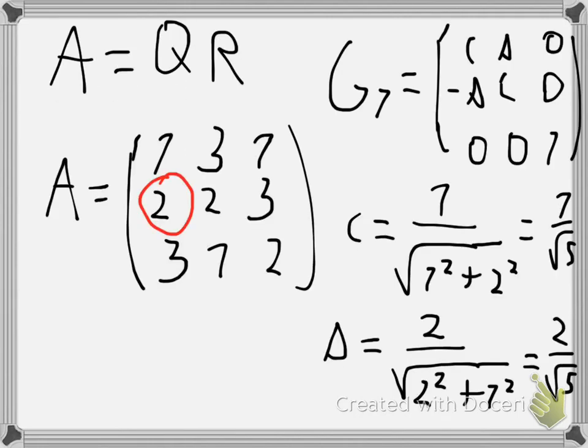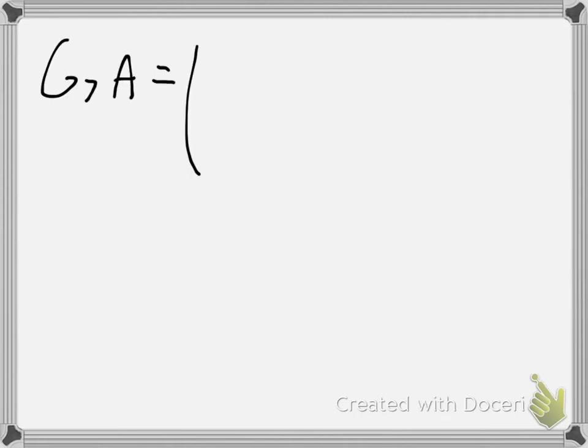So if you multiply A with J1, we get the following.